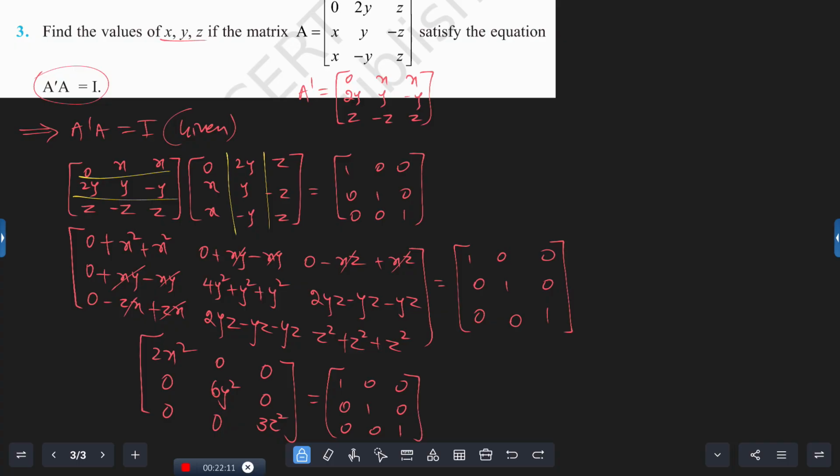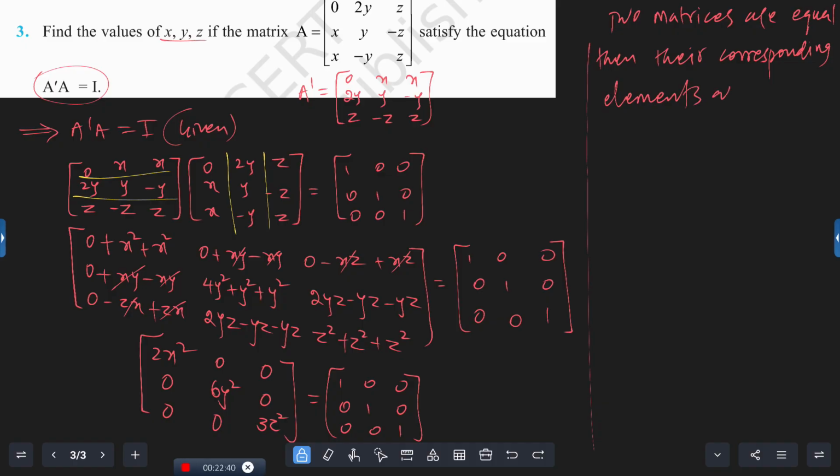That's it. Now when two matrices are equal, then their corresponding elements are also equal.